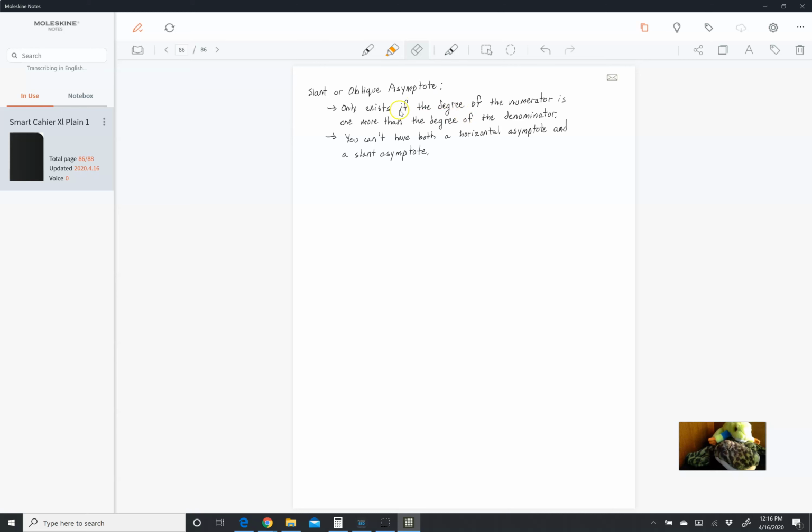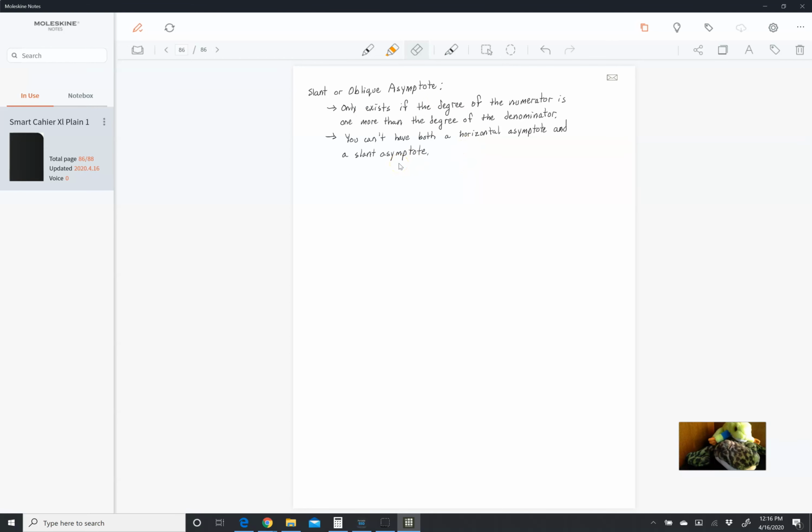You can see from here that you can't have both, because we already know that if the degree of the numerator is greater than the degree of the denominator, there is no horizontal asymptote. And this is saying a slant asymptote will only exist if the degree of the numerator is one more than the degree of the denominator. So you can't have both a horizontal and a slant asymptote.